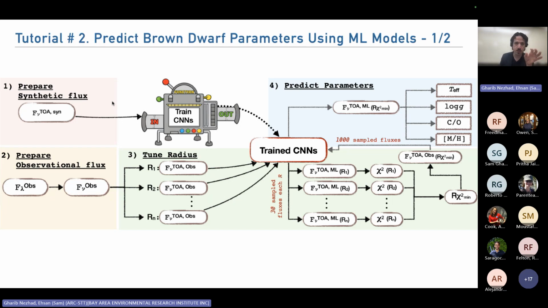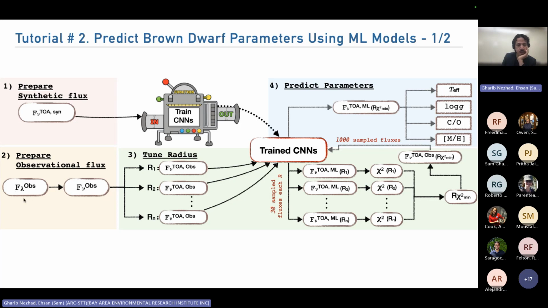Use our trained model, and all you do is the prediction and extracting these parameters, temperature, etc. There is step number 1, preparing the synthetic fluxes. This is a part of what we did in the back end. The second part, which you need to do, is to prepare your observational flux.